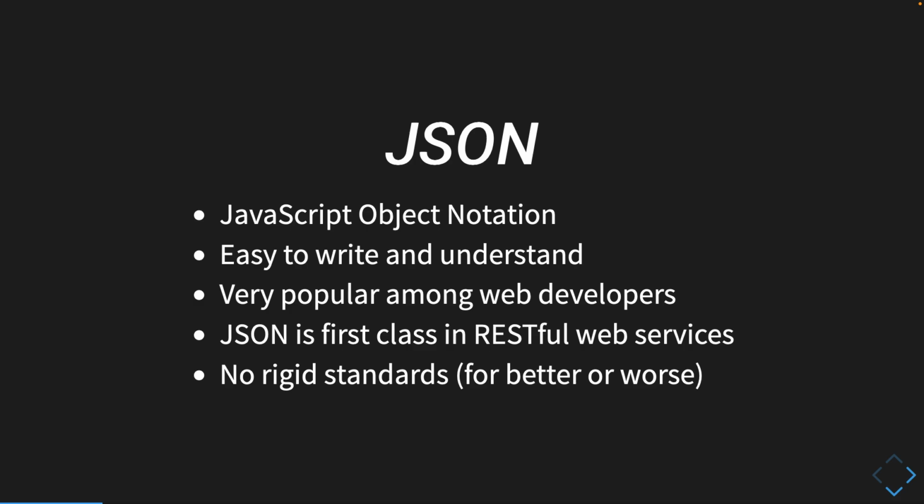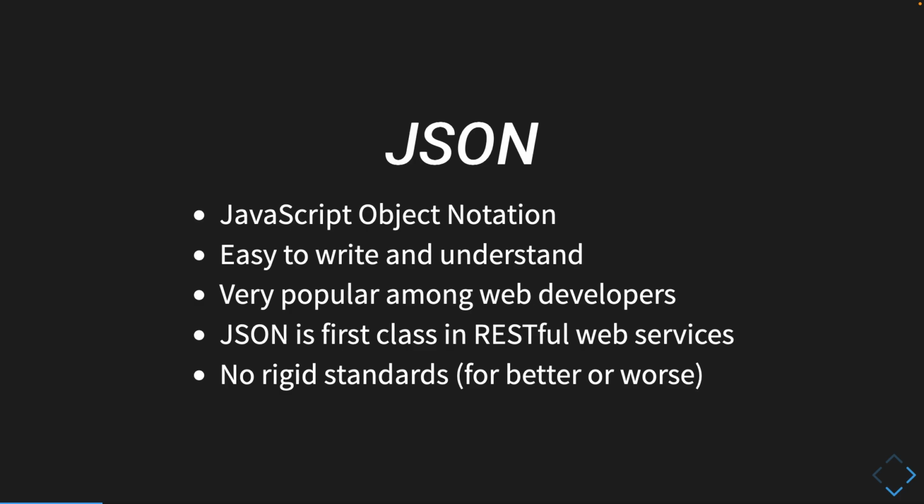JSON is also very popular among web developers, and again, it's first class in RESTful web services. So the current generation of APIs out there mostly use JSON as the payload to return data or some other piece of information.